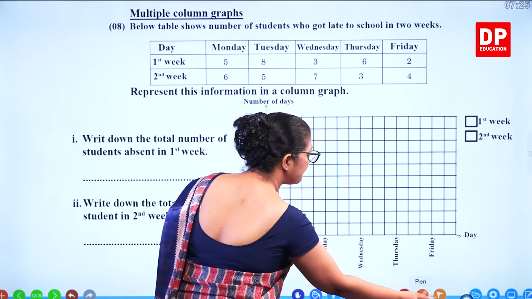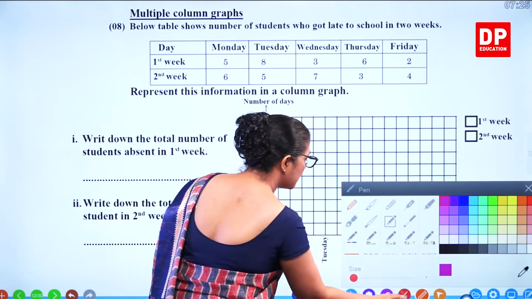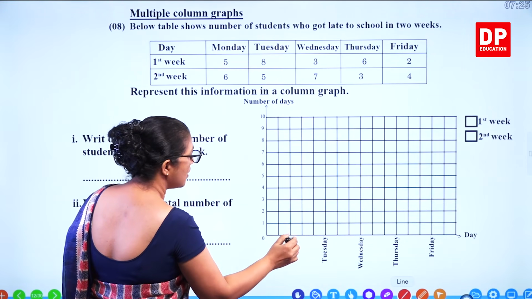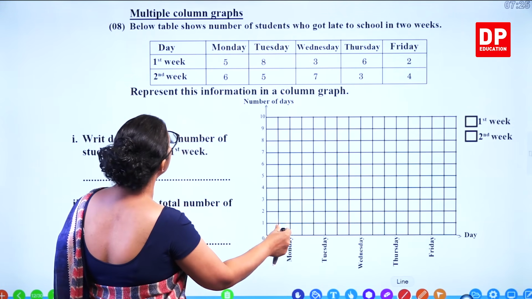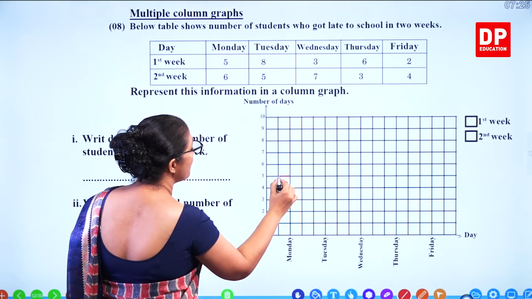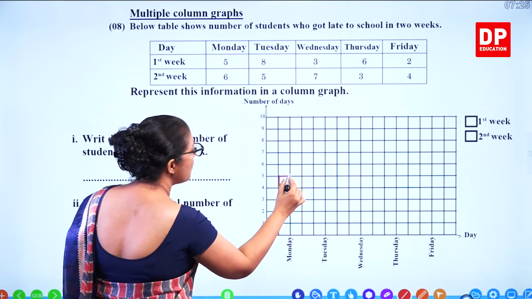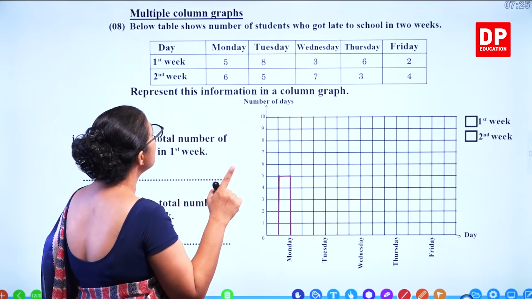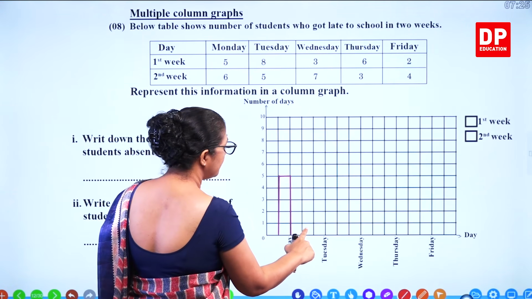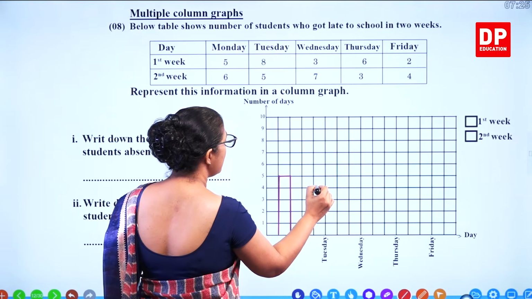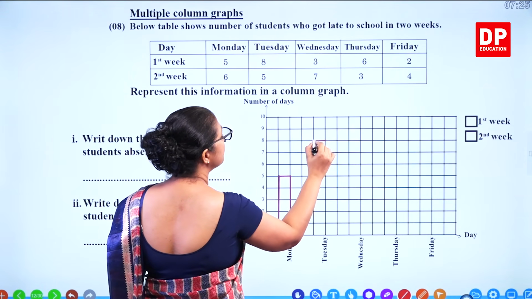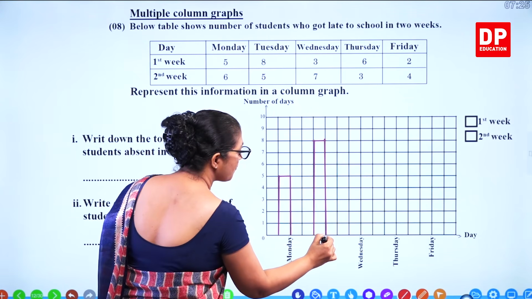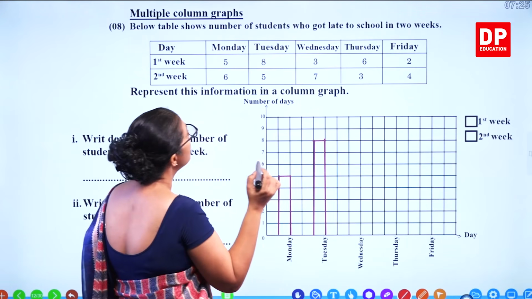So we'll first mark the bus, 5, first week. Here I'll draw, 5 is here. First I'll mark the first week values. Then Tuesday 8, I'll draw here 8. Then Wednesday 3.